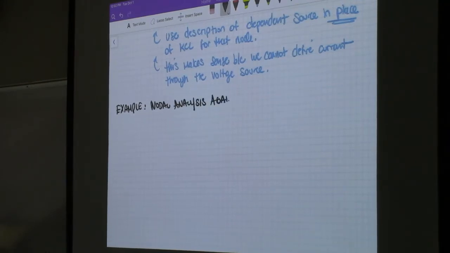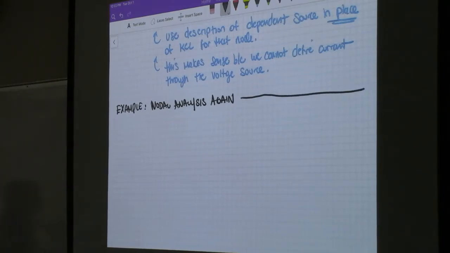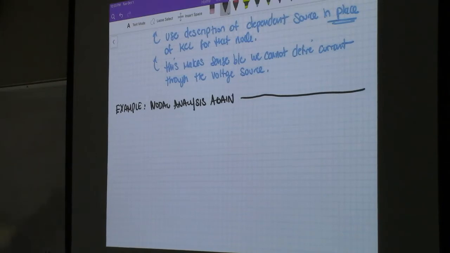And so instead of writing out that long title, I'm just going to say nodal analysis again, because this is really what we're doing, repeating different variations of these problems. Okay, so this is what our circuit looks like.